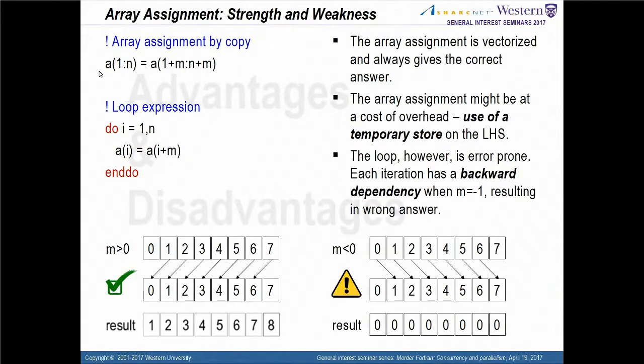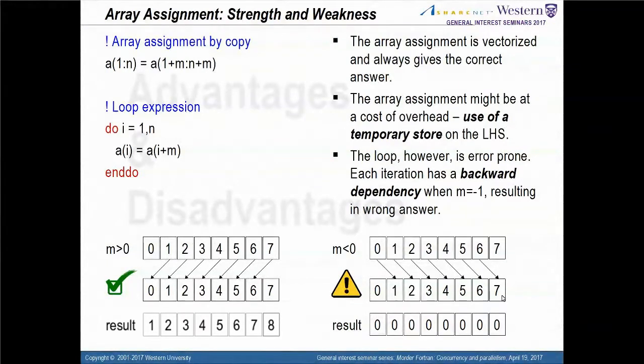Okay, so this way it guarantees that the assignment is done concurrently and correctly, as opposed to a loop here. Depending on the value of the shift index n, a loop may give a correct answer or a wrong answer.